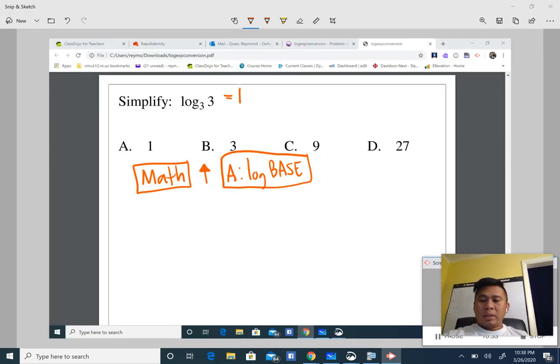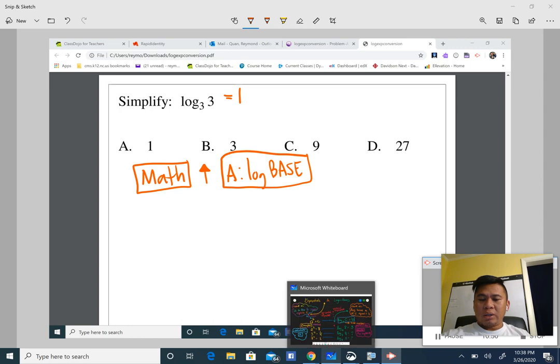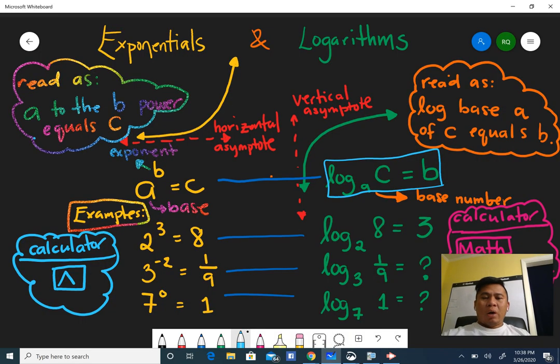Once again, in this case, I simply use my TI-84 calculator, press math, press up several times until you reach a log base, that's letter A, and then type in log base 3 of 3, and you will get an answer 1. So once again, let's go back to our summary, our graphic organizer for exponentials and logarithms.